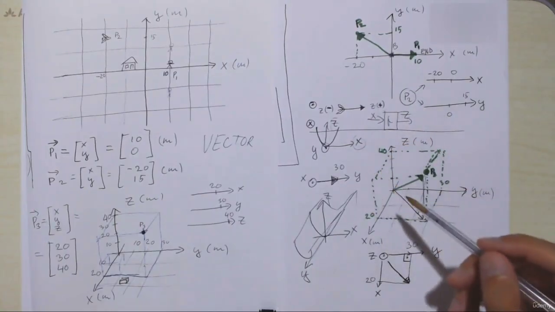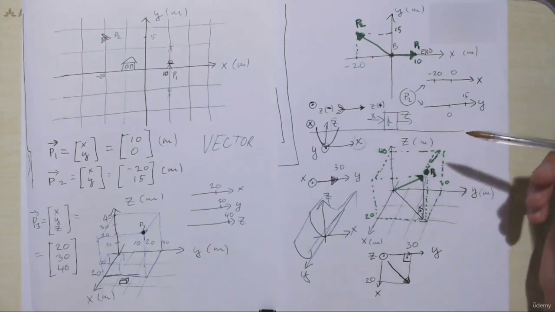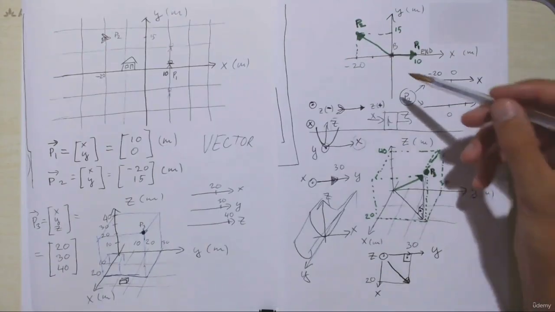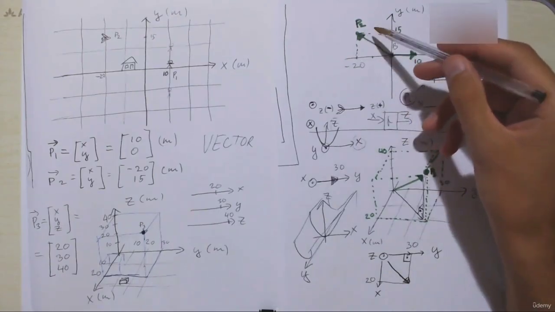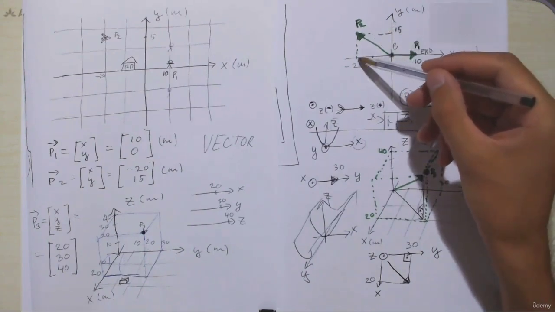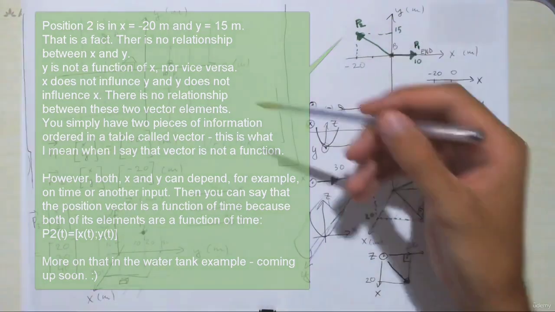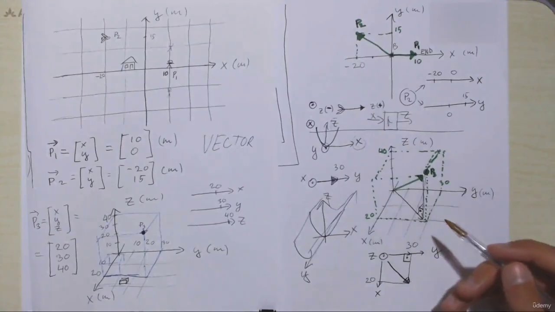So a function is a mathematical relationship. Vectors, well, they're just facts. For example, the position vector that modeled the position of a model airplane: the x is minus 20 and y is 15. So this is a very important distinction.